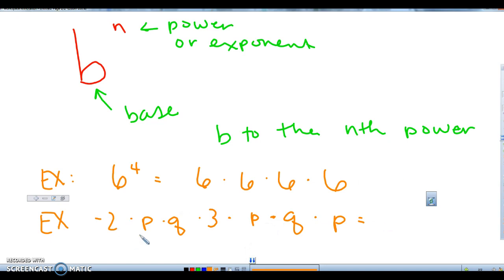So you should multiply together the 2 and the 3, which gives us -6, and then I start counting up my p's. So I have 1p, 2p, 3p. That would be p cubed. And I go back and count my q's, 1q, 2q, or q squared.